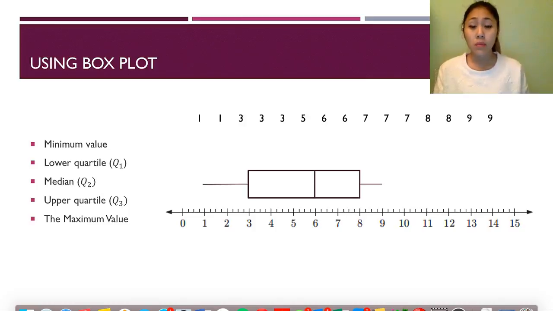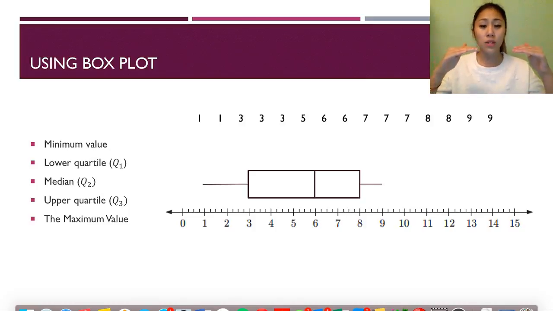This is important because, as you can see, the line that cuts in between the two rectangles tells us the median. The left line gives us the number for the lower quartile. The right line gives us the number for the upper quartile. And then you have 2 horizontal lines, and the endpoints of them give us the minimum and the maximum. So that's a way of graphically representing our data set.